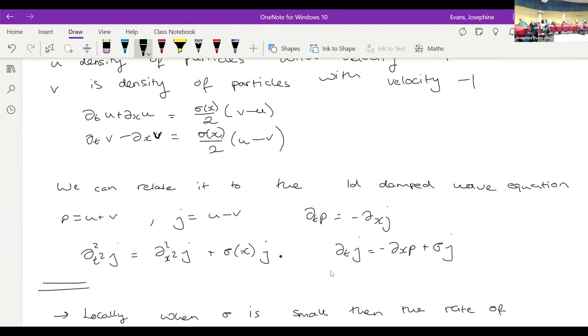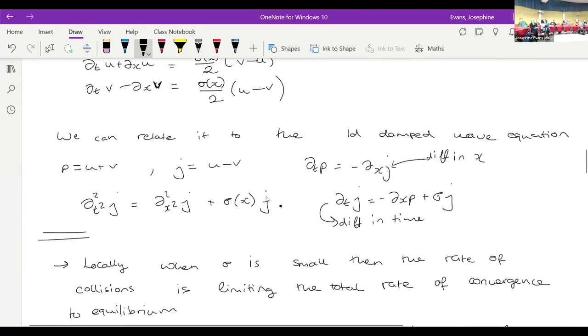Then you differentiate this one in time and this in x, and substitute one into the other. So you get a d2tx of rho here, and you find it from this. You get a dt j there? Sorry, this is wrong, it should be that. Okay, and why is this a damped equation? Yeah, sorry, that was me not paying enough attention. Yes, otherwise, I agree, it wouldn't be a damped wave equation.